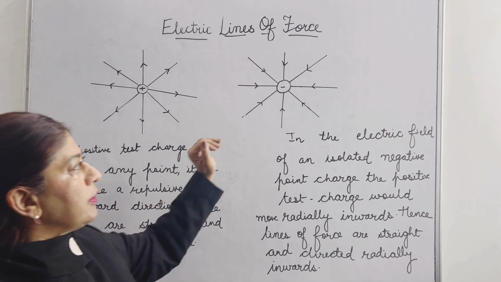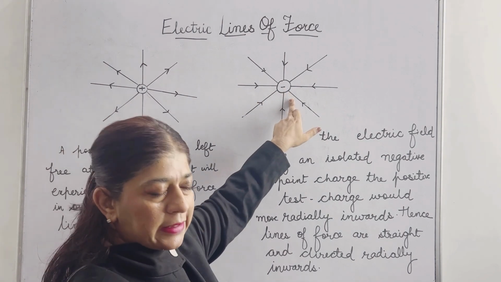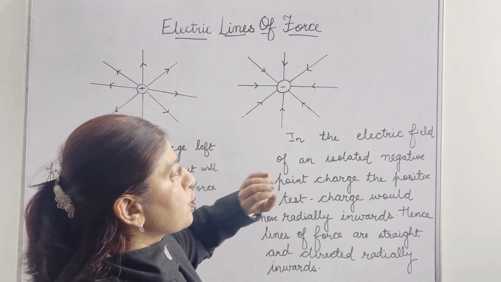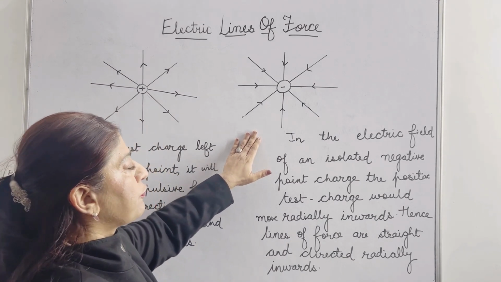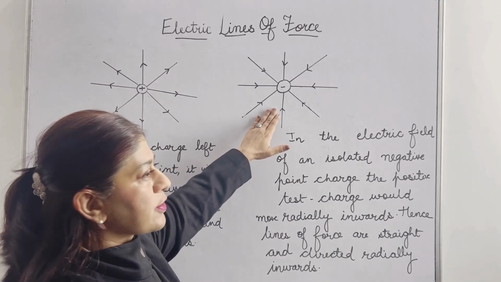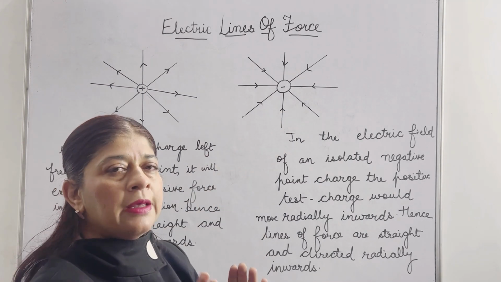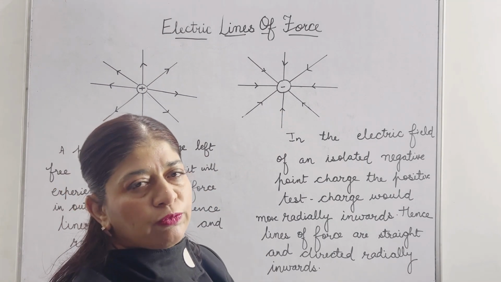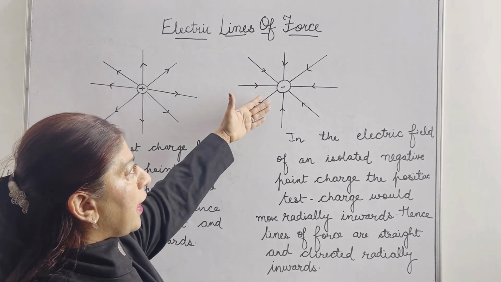On the other hand, when the positive test charge is placed in the electric field of this negative charge, it experiences an attractive force, and because of that, the lines of forces, which are imaginary lines just following the path that the test charge follows under the electrostatic force, are in the inward direction.